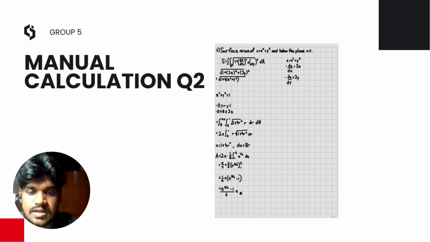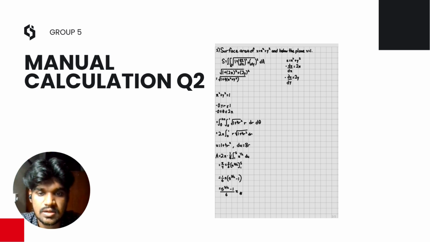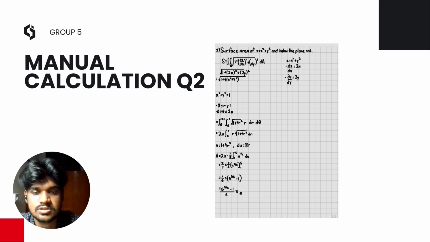Taking the partial derivatives of z, x squared plus y squared, we get 2x and 2y, and substituting these into our radical simplifies the integrand to this. Next is the polar conversion.